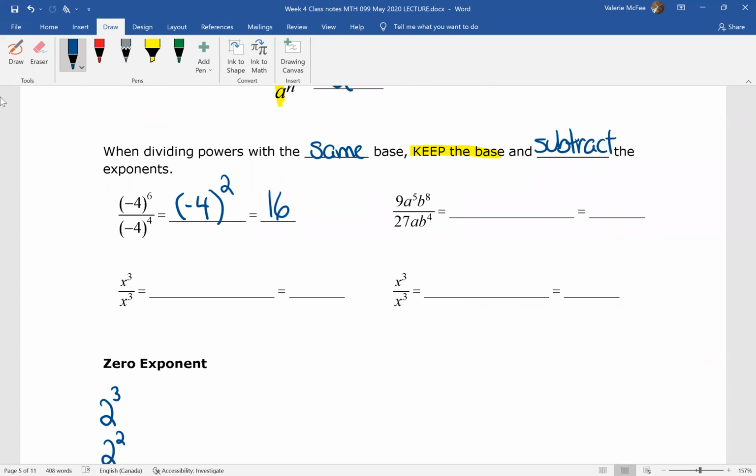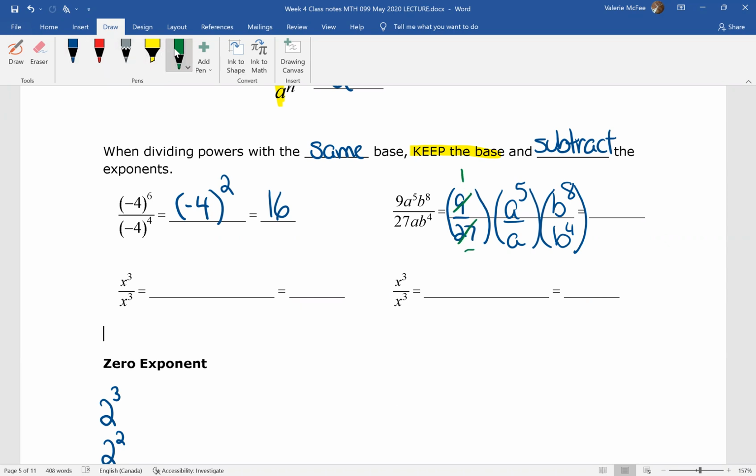Now, when you look at the next one, we could think of this as separate fractions if we wanted to. We could think of it as 9 over 27. That needs to be simplified. Our powers with A separately, and our powers with B separately. So 9 over 27, 9 divides into each of these 3 times into 27, so we're left with 1 over 3.